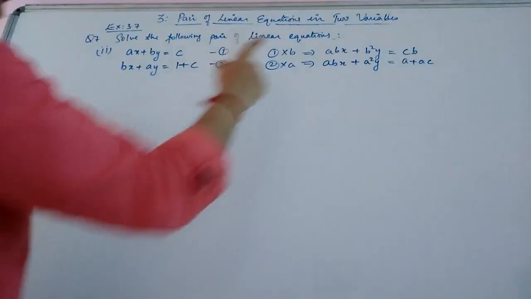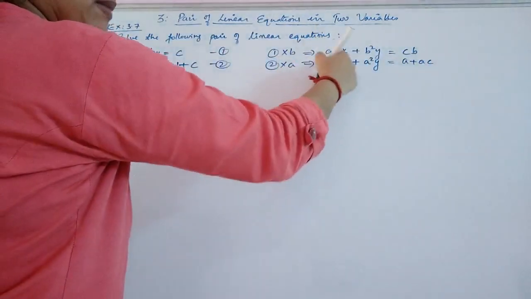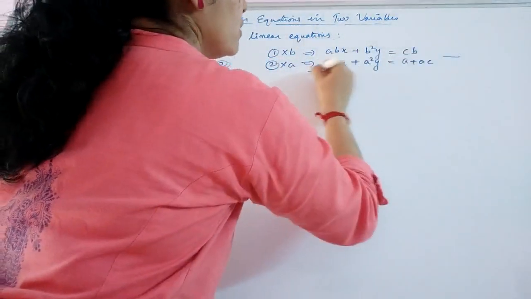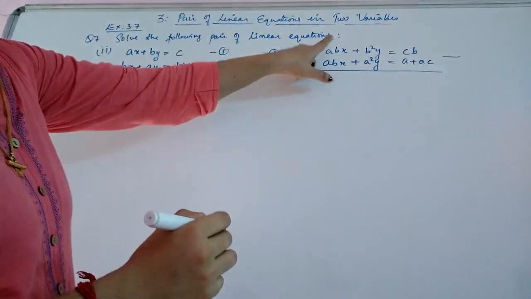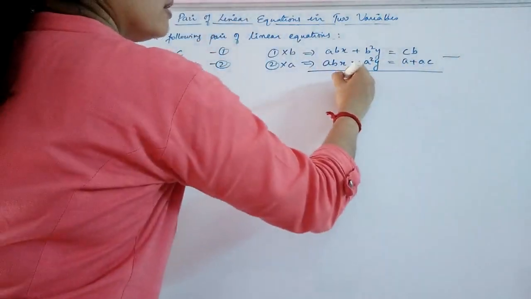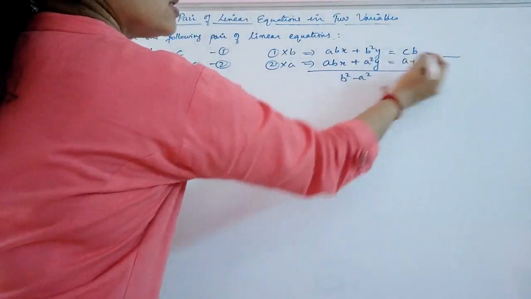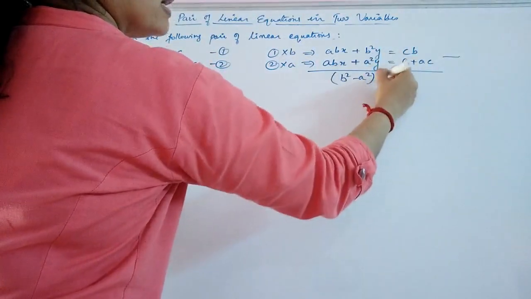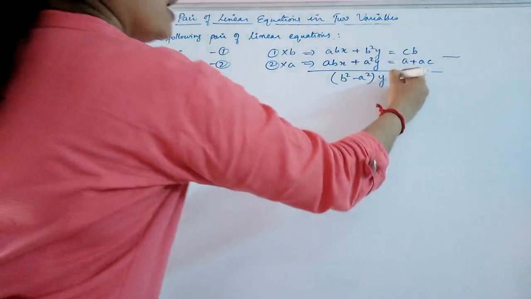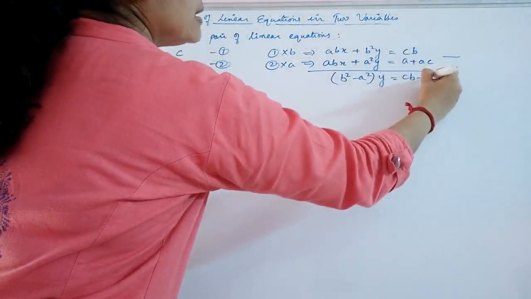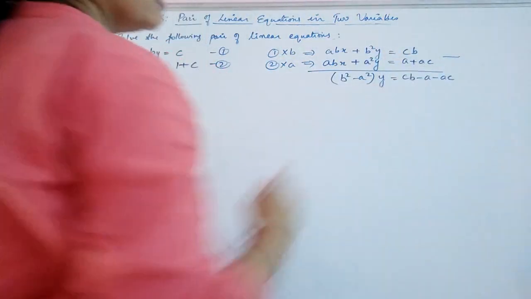Okay. Now what we need to do, since they are both of the same sign, abx and abx, we have to subtract the two equations, which will give you, this is deleted, (b square minus a square), since you are subtracting, and y is taken as common, equal to cb minus a minus ac.